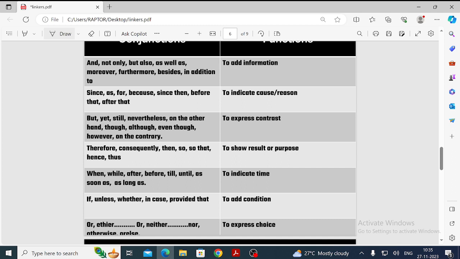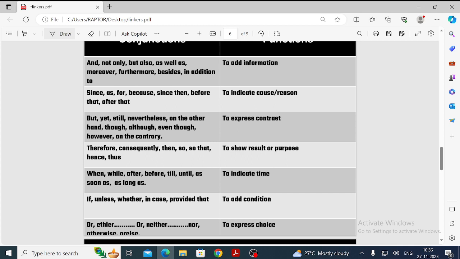So additional information will be there, but both sentences without the conjunction 'and' will be meaningful. And then, just now we have discussed not only but also, as well as, moreover, furthermore, besides, and along with. All three things come under the same heading, in addition to.